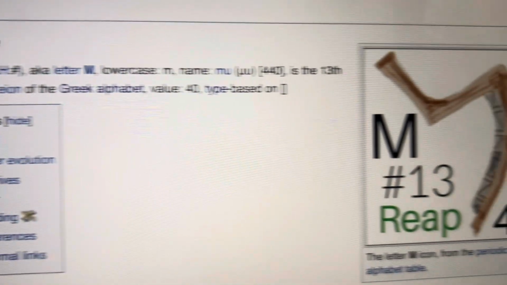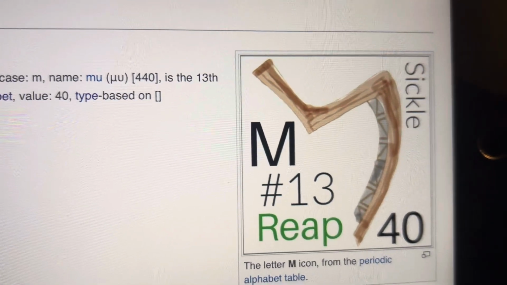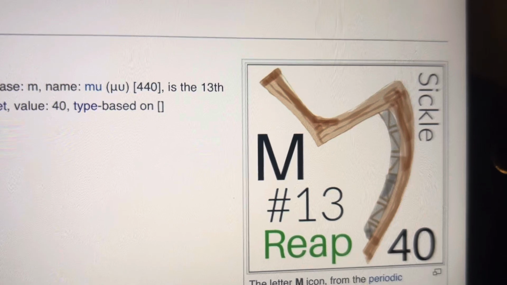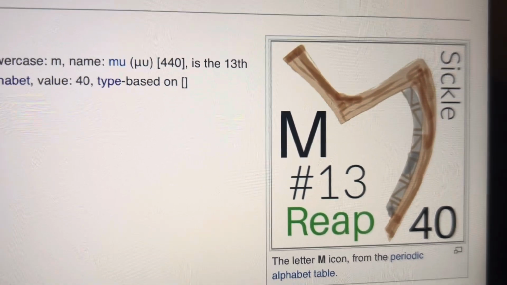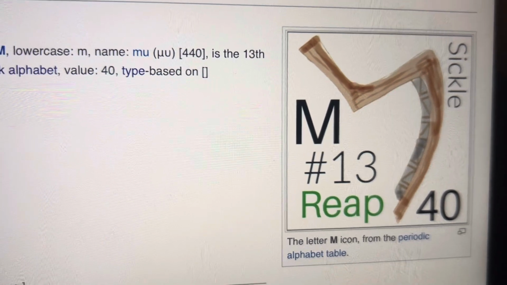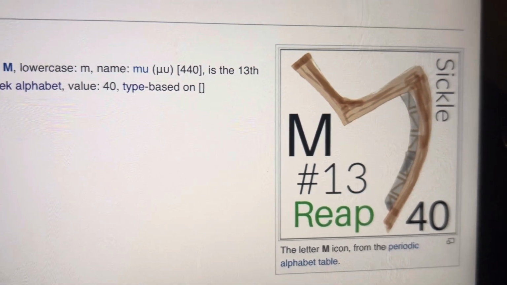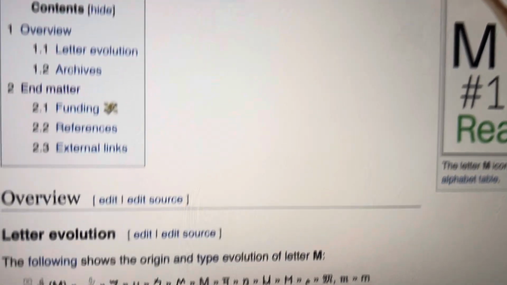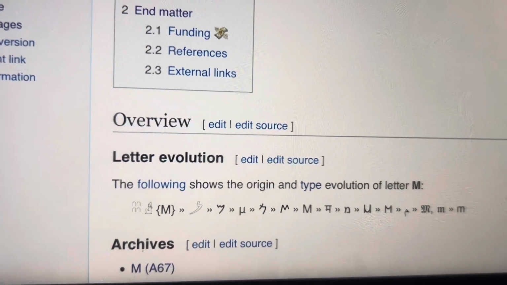Letter M is the sickle, or reaper tool, which is used to cut crops after they're grown, which is the point of the entire alphabet. That is to have food on the table for the entire year. Letter evolution.